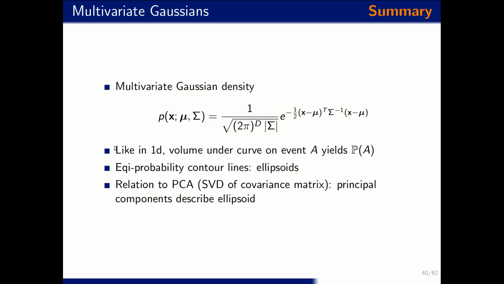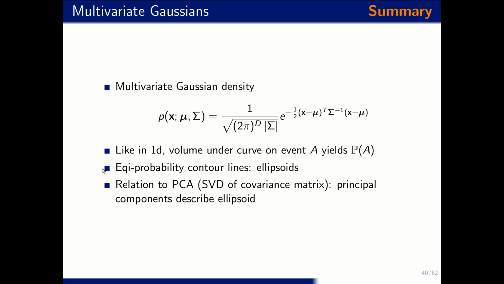And like in 1D, the volume under the curve over a certain event, a subset of the Euclidean space, yields the probability of this event. In the frequentist notion, this is the frequency of how often the random vector ends up in this high dimensional bin, in A. And we saw the geometry of multivariate Gaussians.